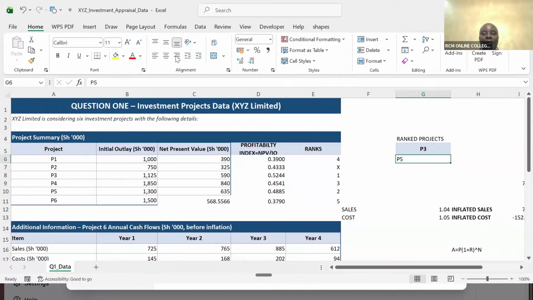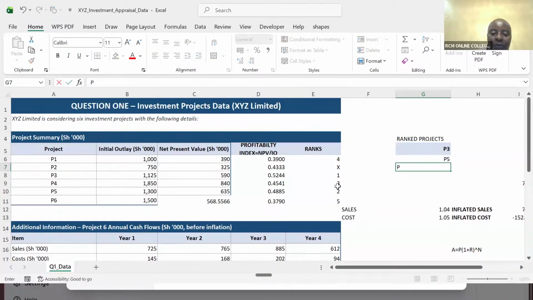I can just realign this, no problem. So the third project is here, which is project number 4.